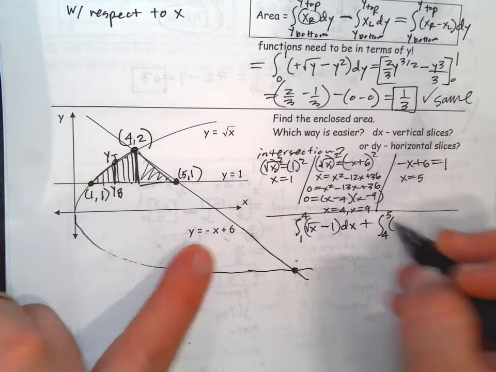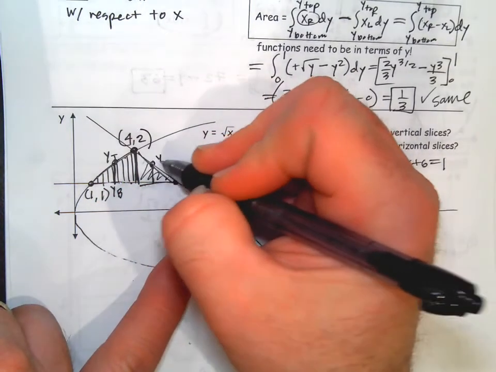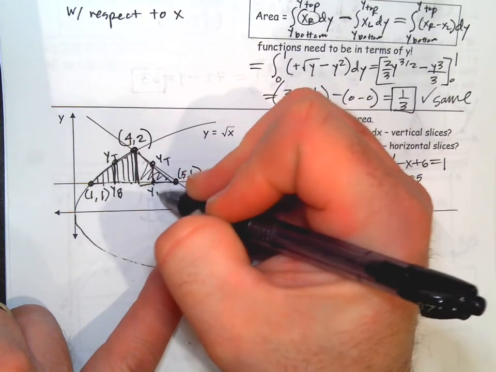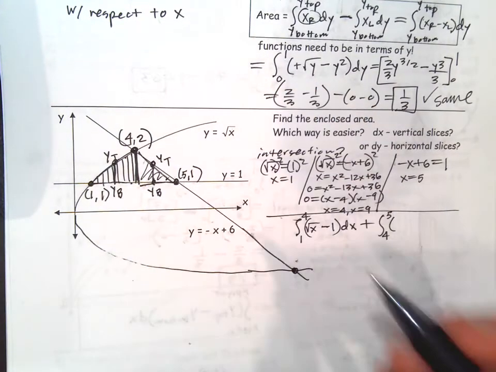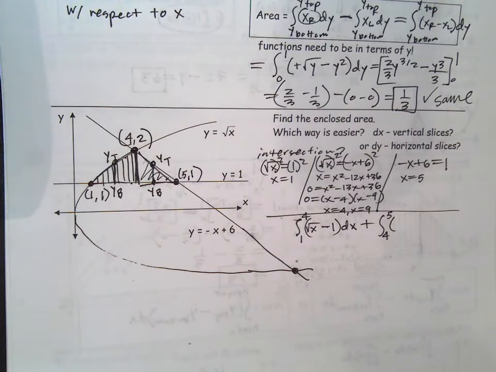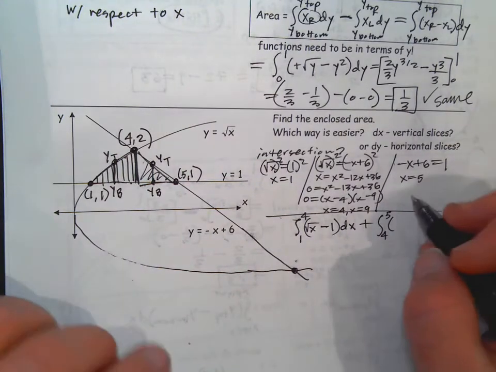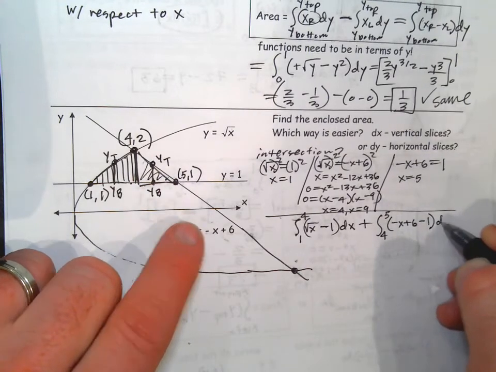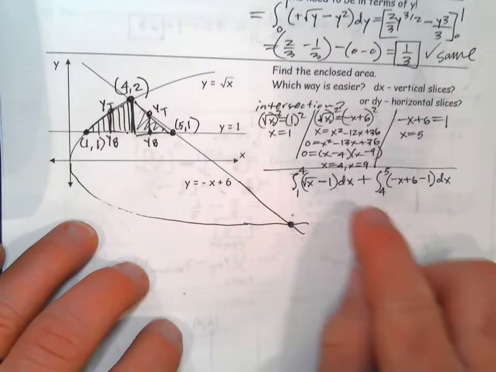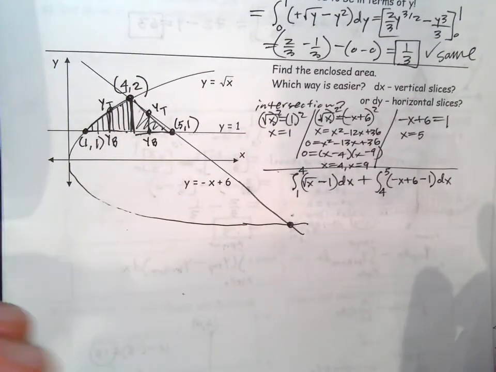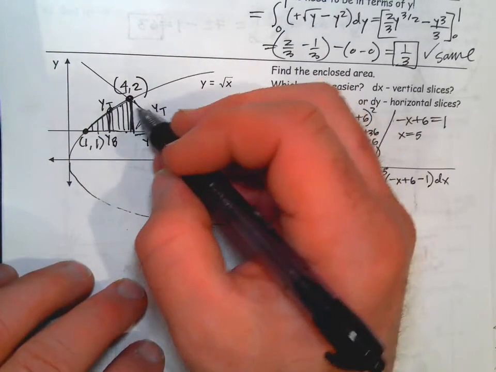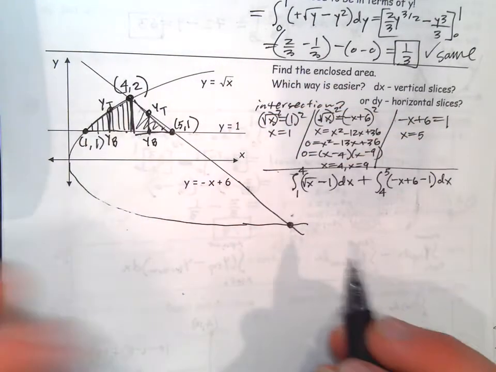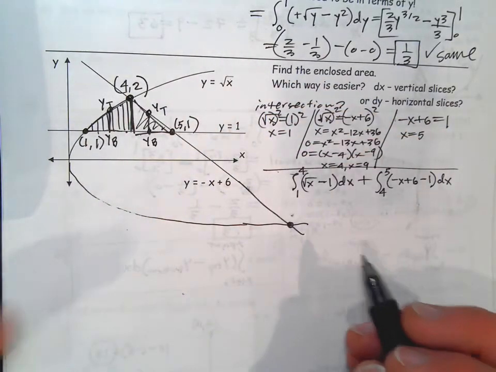Y top minus y bottom. You can even draw little slices, which I highly recommend, because these things are going to get more complicated. So if you can practice these things now, it's going to pay off. Y top is negative x plus 6. Y bottom is 1. So this is the setup. If we can just finish this work, it should give us that area. Now, by the way, this is also a triangle, so you could do 1/2 base times height. There's other ways you could attack this.